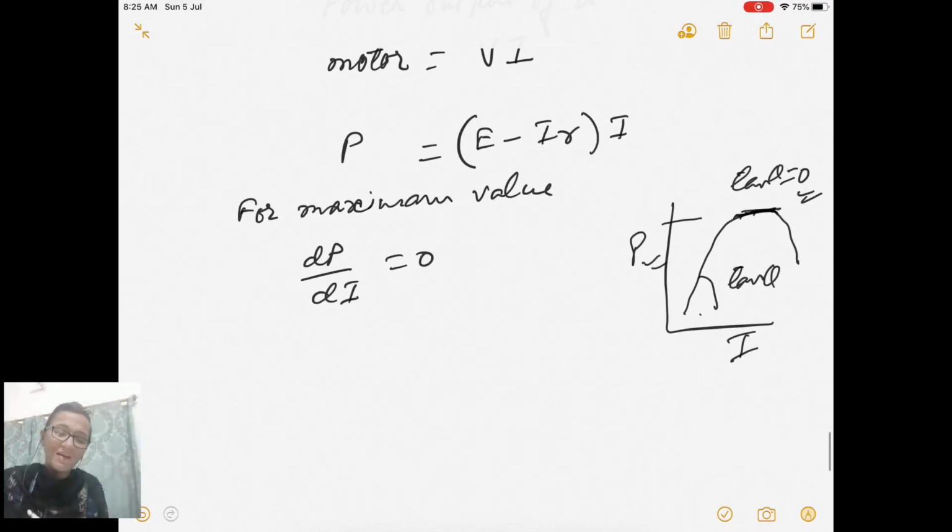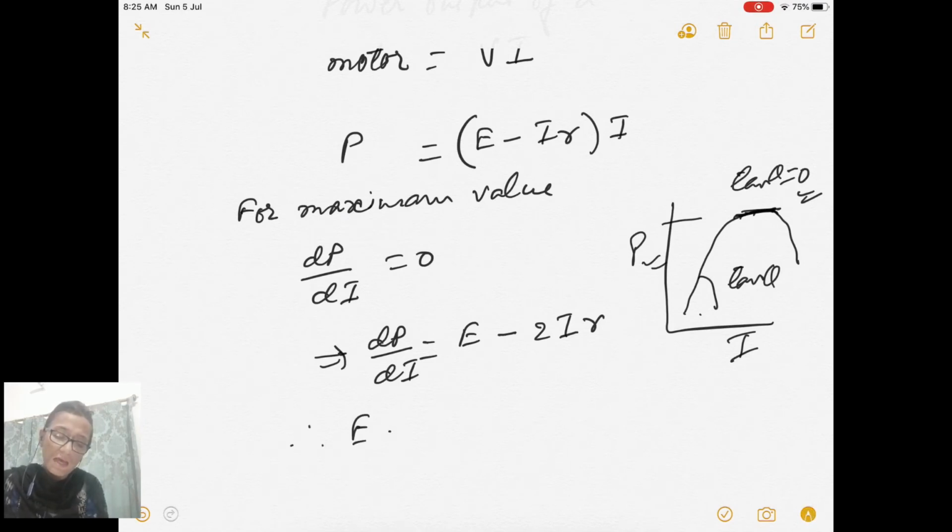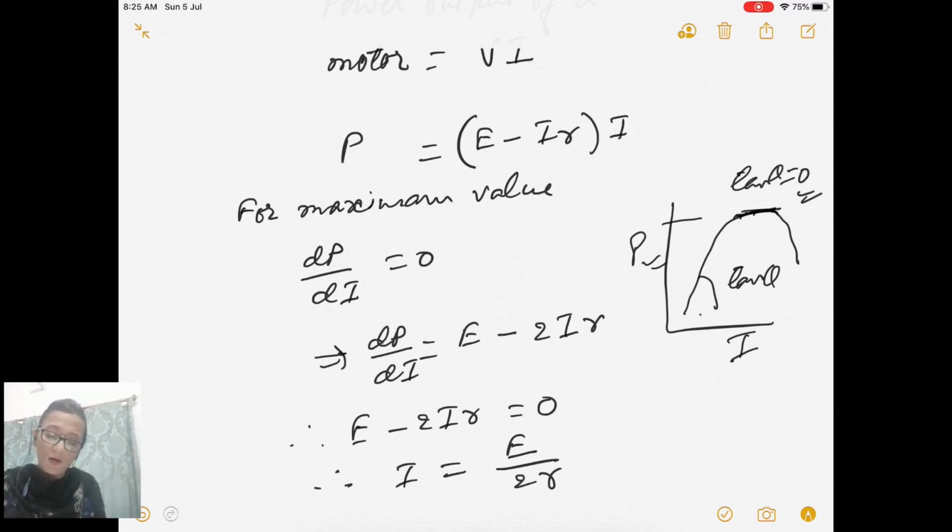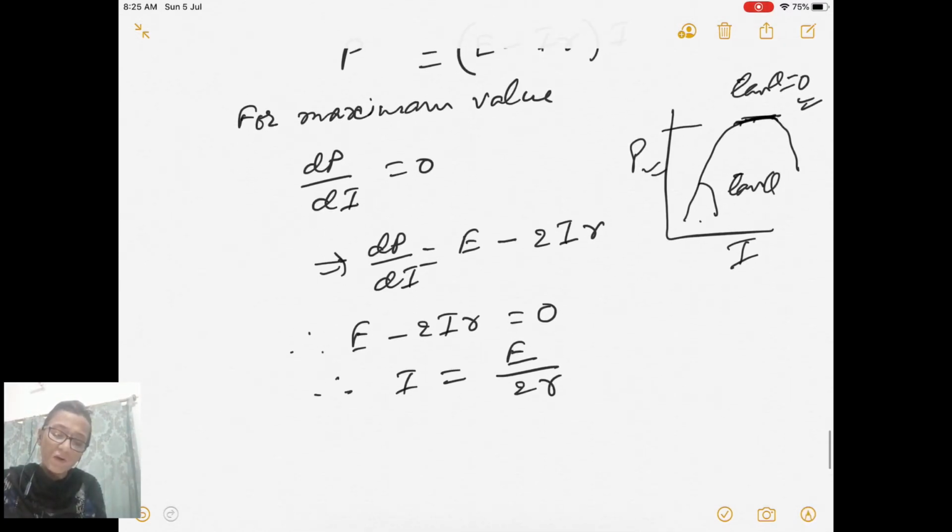So let me differentiate it with respect to I. dP upon dI is equal to E minus 2I into r, and this must be equal to 0. Therefore, E minus 2Ir is equal to 0. Therefore, I is equal to E upon 2r. So, for maximum value, current should be equal to E upon 2r.